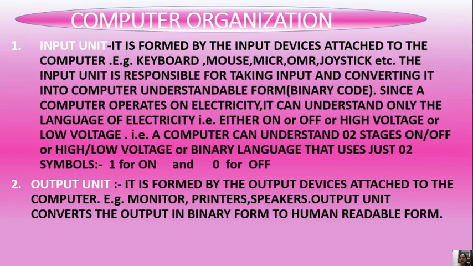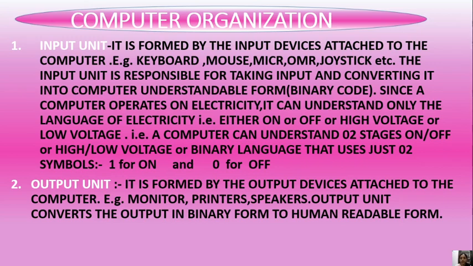So it can understand only the language of electricity, that is either on or off, or high voltage or low voltage. That is, a computer can understand two states, on or off, or high or low voltage, or binary language that uses just two symbols, one for on, zero for off.